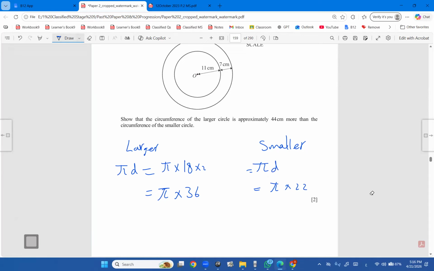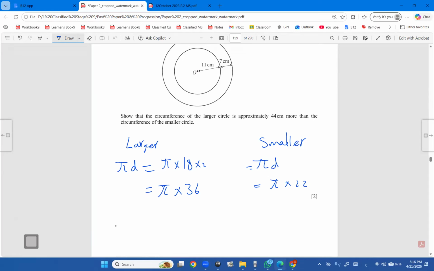So that is actually going to be enough, showing that the circumference of the larger circle is 36 pi centimeters, while the smaller is 22 pi centimeters. That's it. This shows that this is larger than that.